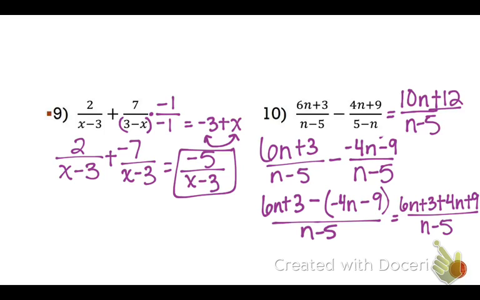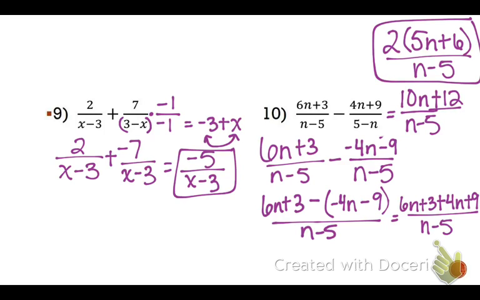Factor out a GCF. What's my GCF? 2 times (5n plus 6) all over n minus 5. So after I factored, nothing canceled, but it's good that we factored it to show that that is definitely our final answer.